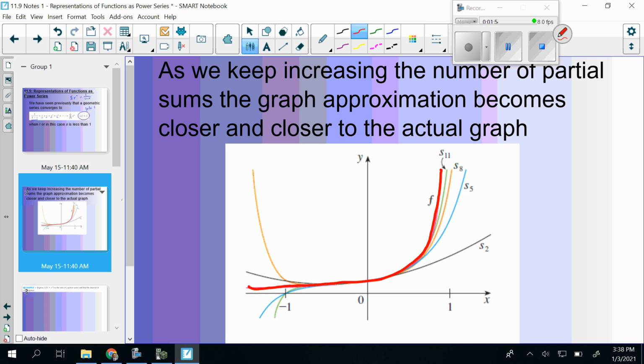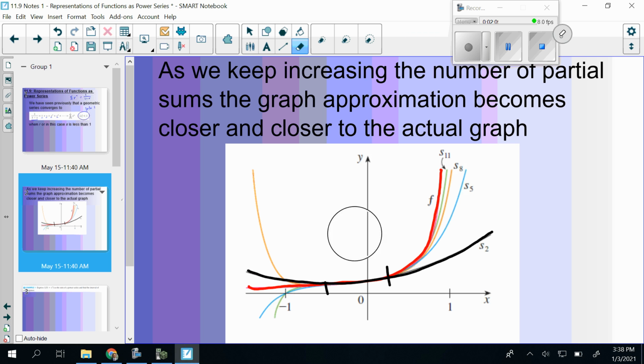If you just use the sum of two terms, it's this black one right here, and it looks a little bit like that red graph in this area, but outside of that, it's not very good. If we increase the number of terms to, say, 5, we're going to get a better approximation. You can see on each side, maybe from here to here, now it's a good approximation.